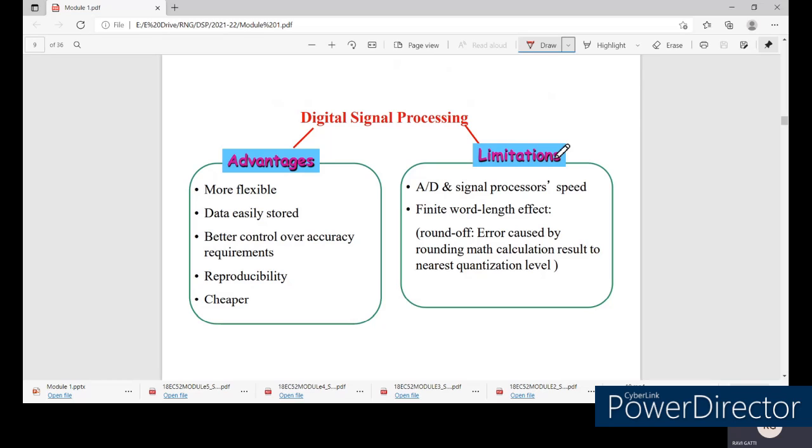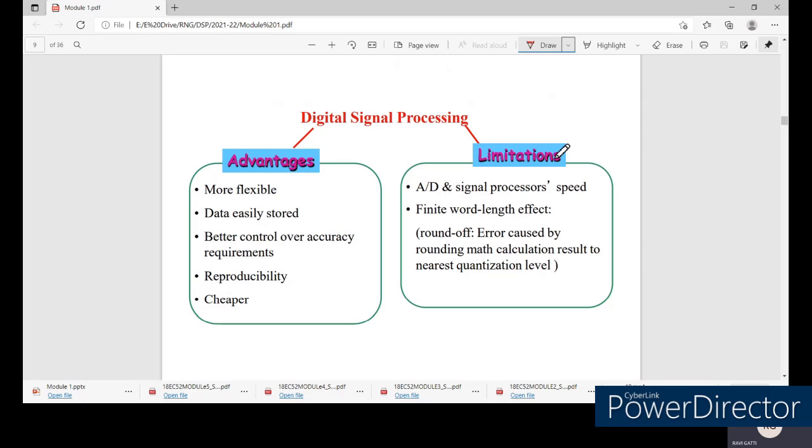Even if you do a calculation today and represent the same calculation after 10 years, it will be the same. But if you go for analog communication, that is not the case. Also, the cost of implementation of any application through digital signal processing is very minimal compared to analog. These are some of the important advantages listed for digital signal processing.